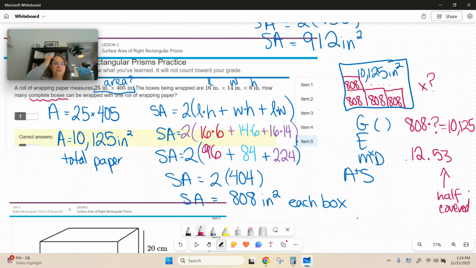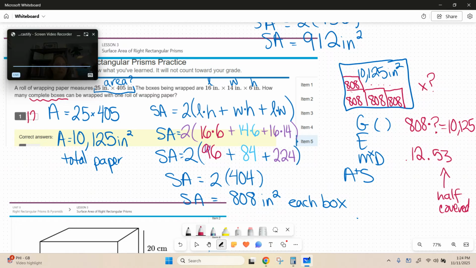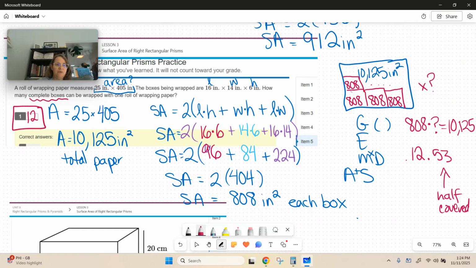We don't want to give somebody a package that's only halfway covered in wrapping paper because there'd be no surprise there. You'd be able to tell what it was. So we're just going to say 12 there. All right, that's it.